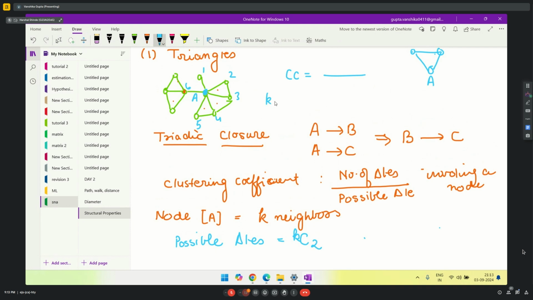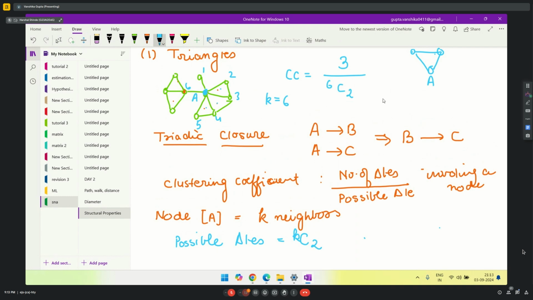So the value of k will be 6. Now, what will be the value of possible triangles? Possible triangles will be 6C2. And in the numerator, you have to write the number of existing triangles. So in the neighborhood, how many triangles exist? Currently, there exist 1, 2, 3 triangles. So your clustering coefficient for this A node becomes 3 divided by 6C2.